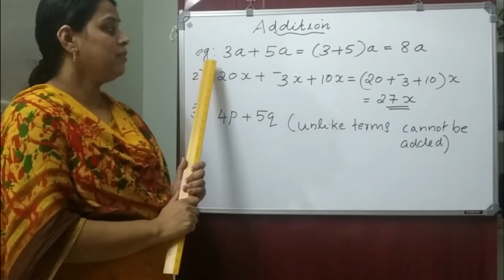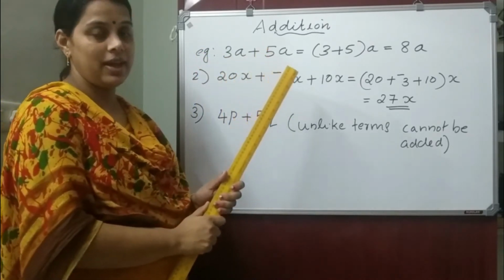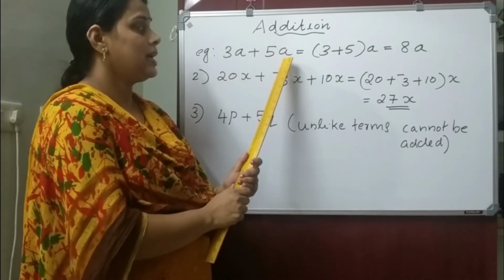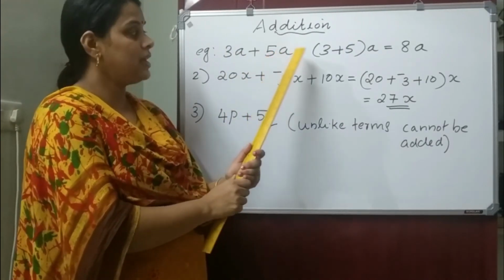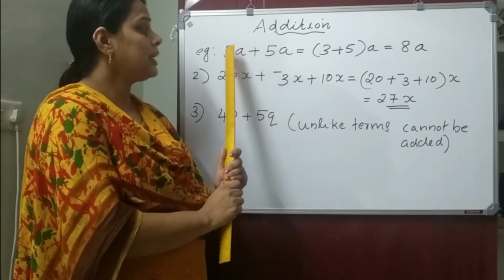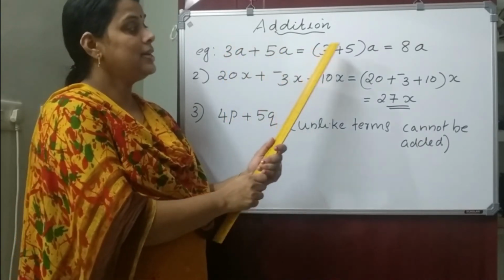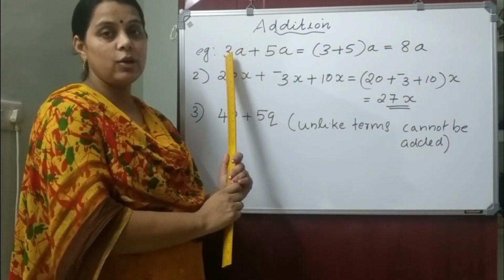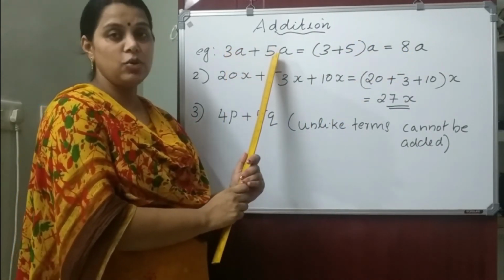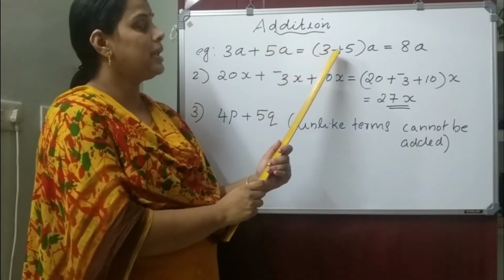Example 1: 3a plus 5a. Here the algebraic factors are the same, so these are like terms. So we can add only the numerical coefficients and write it like this. 3 is the numerical coefficient here, 5 is the numerical coefficient. We can add 3 plus 5.